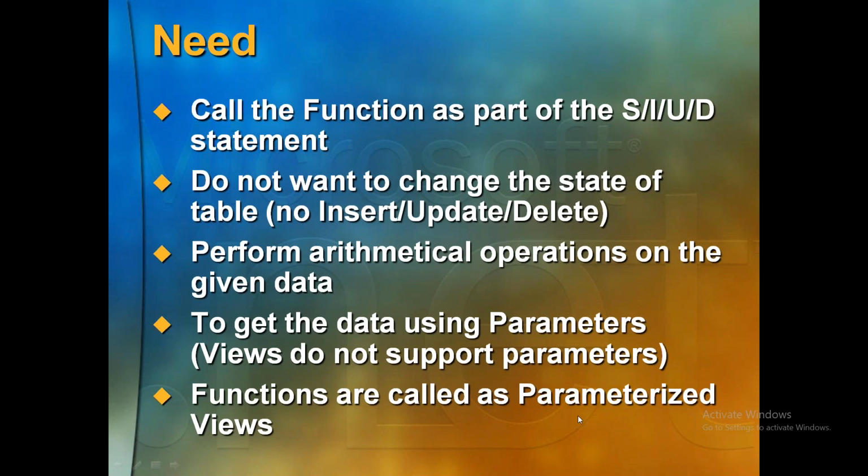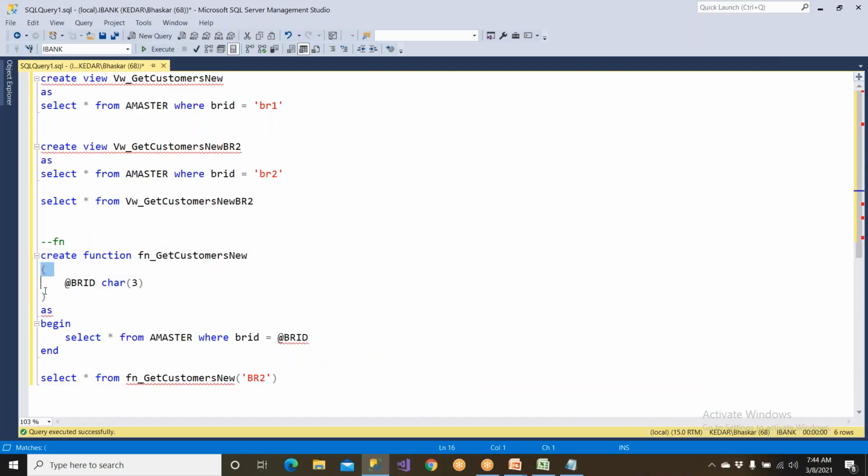A view will have a select statement, even a function will have a select statement. A view can be called as part of select, a function also can be called as part of select. The only extra thing is that we are adding a parameter, and you have one query. That's it. A query can be given as part of views or functions as well, right?